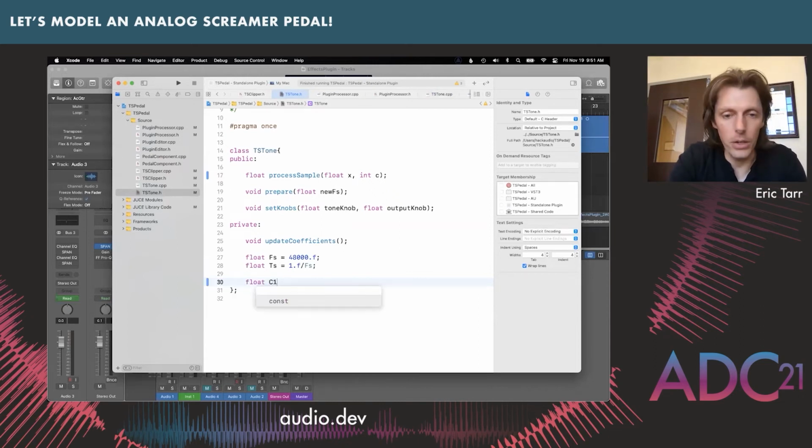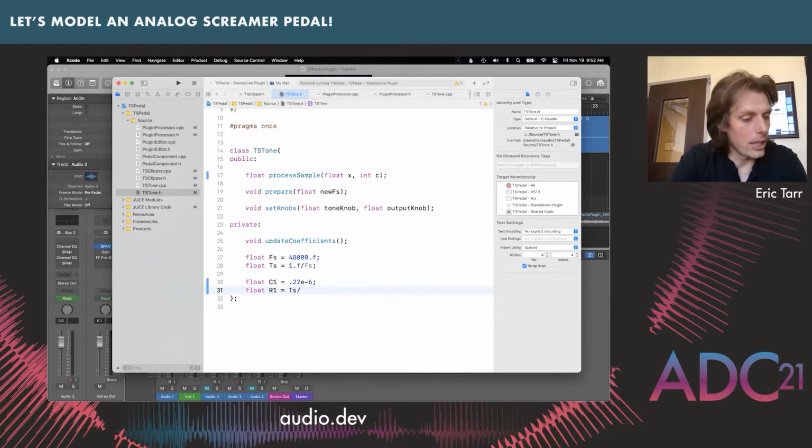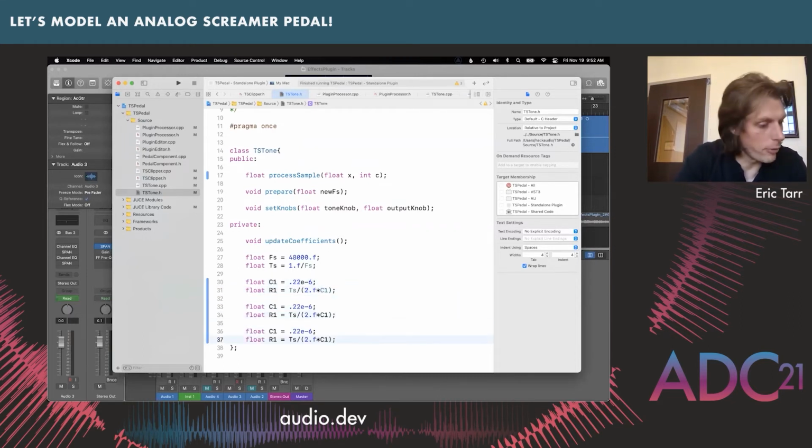But we have a float for our capacitor, 0.22 microfarads. That can be used to create this resistor R1, which is TS over 2 times C1. And we'll do a similar thing for some of our other capacitors. There's a total of 4 of them.